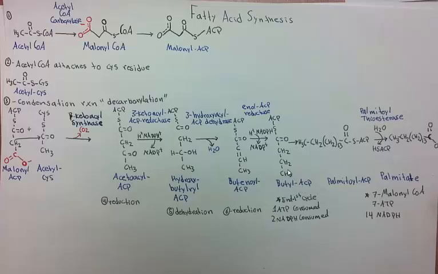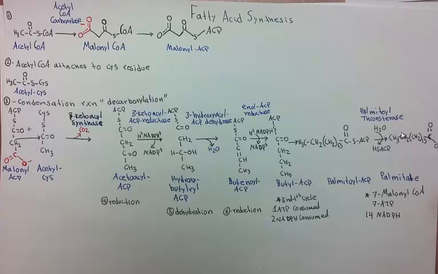The transfer from butyryl ACP into the cysteine residue is going to displace the acyl carrier protein, and this protein is going to bind to a new malonyl-CoA, so that the reaction can happen again until we reach this product, palmitoyl ACP, which is essentially converted into palmitate.